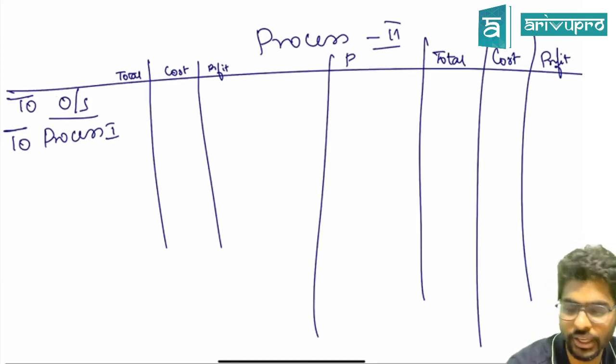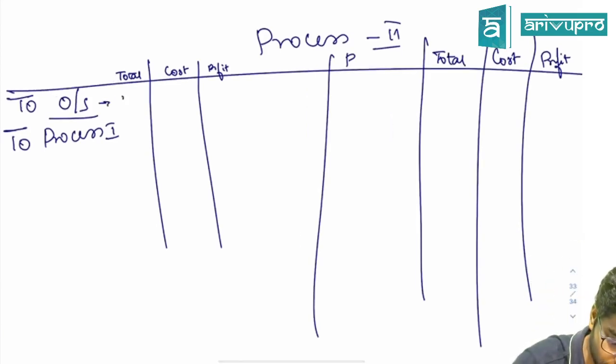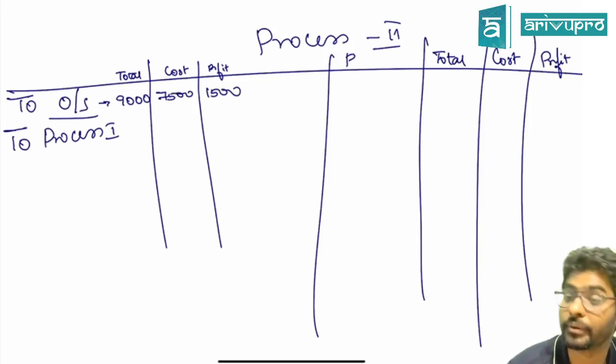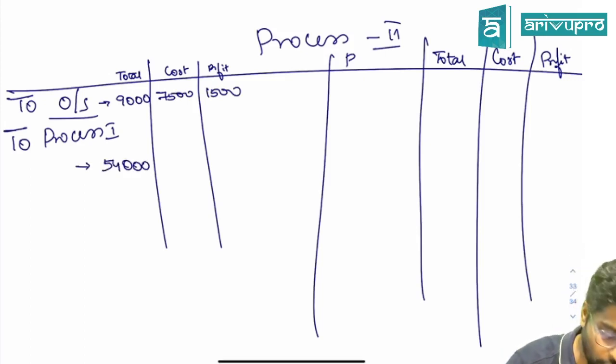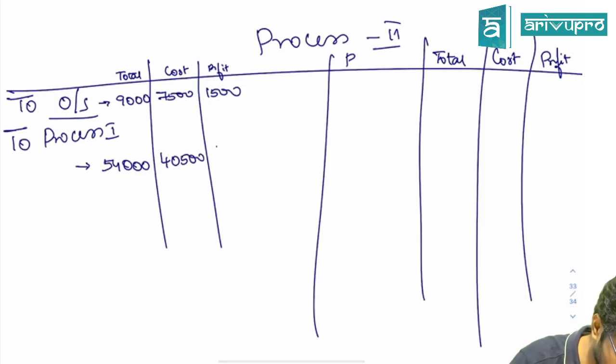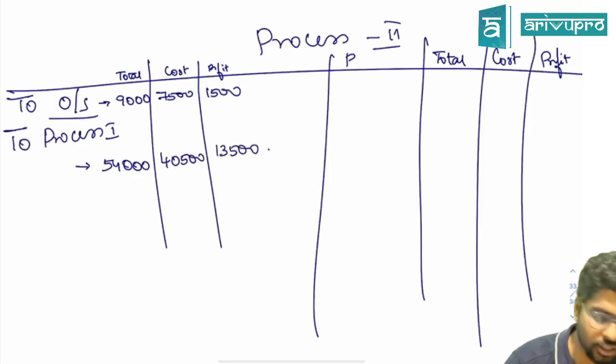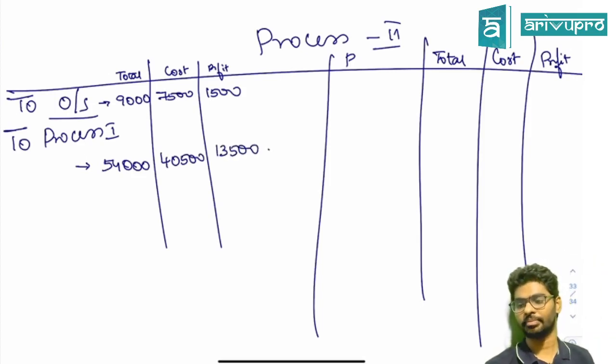So to opening stock 9,000, cost is 7,500, profit is 1,500. Is everyone clear? Then what is transferred from process 1? 54,000, out of which profit included is 13,500 and the cost is 40,500. These two parts, are you clear?